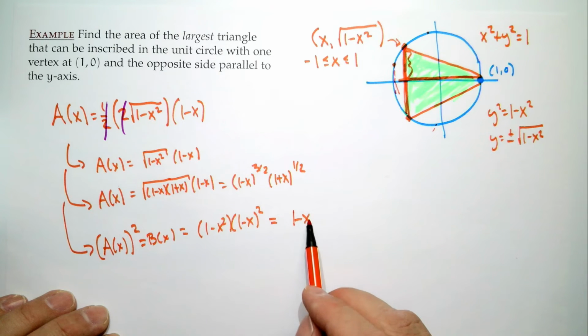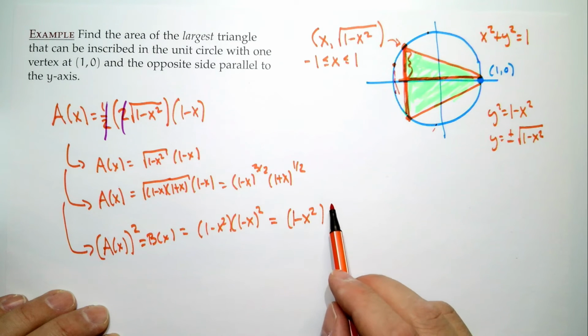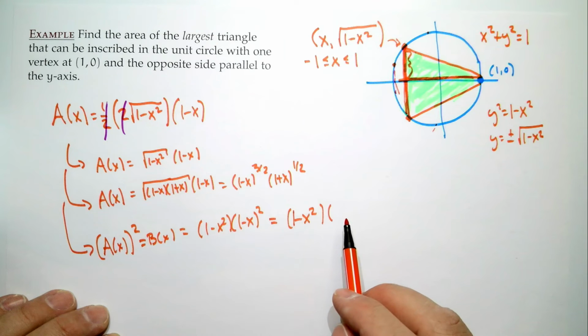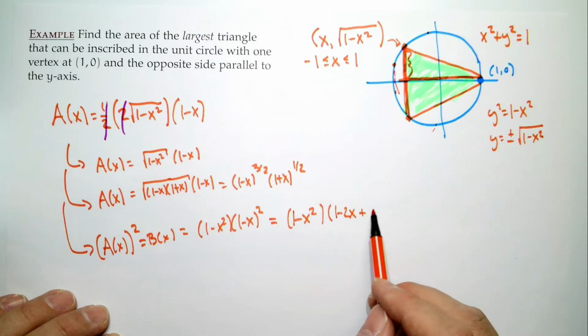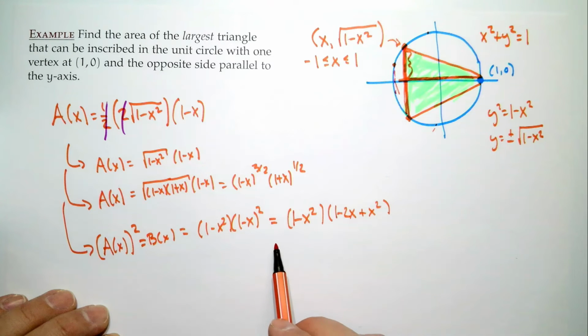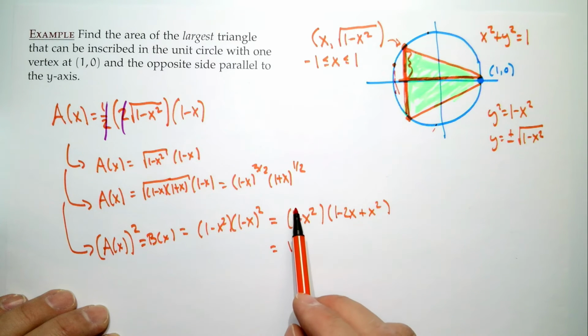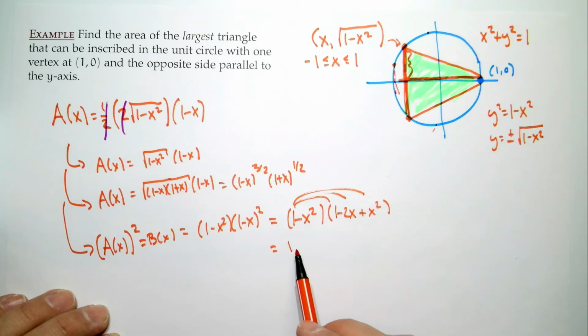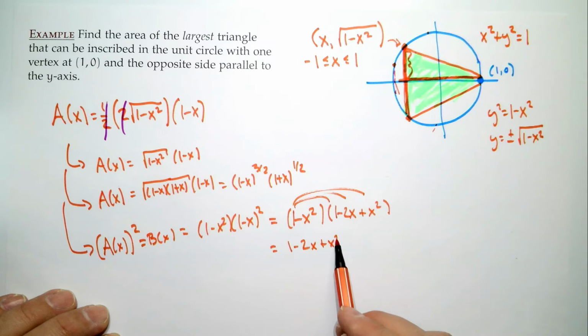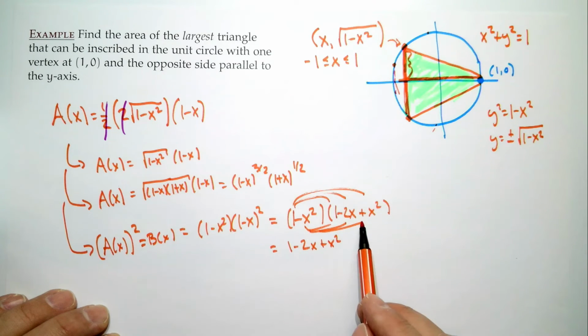If I were going to take this route, I probably would multiply it out because I'm foolish, and I do foolish things. So 1 minus 2x plus x squared times 1 minus x squared. I'm just going to multiply the 1 through, so 1 minus 2x plus x squared, and multiply the minus x squared through.